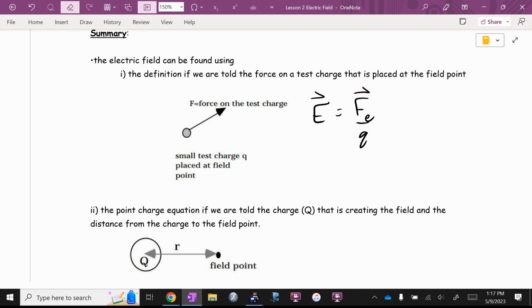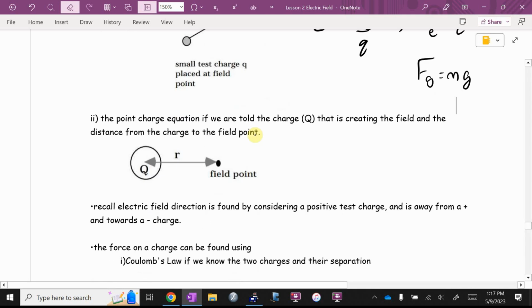If they say find the electric field and they give me a force. By the way, that's the mg version of electrostatics. In the same way, F_G equals mg, F_E equals qE. It's the shorter version of electric force.